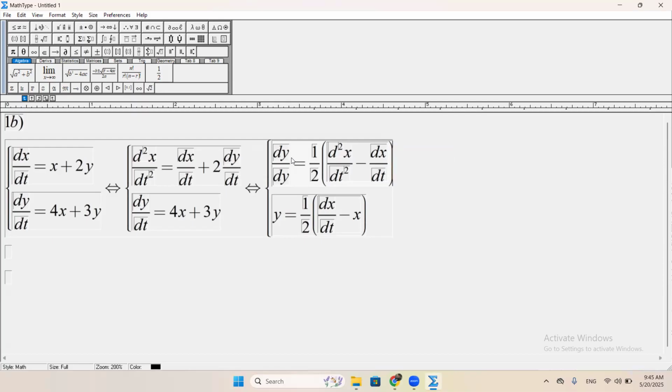Yeah, so expressed y and the first derivative for y. So I will substitute these expressions into this equation.